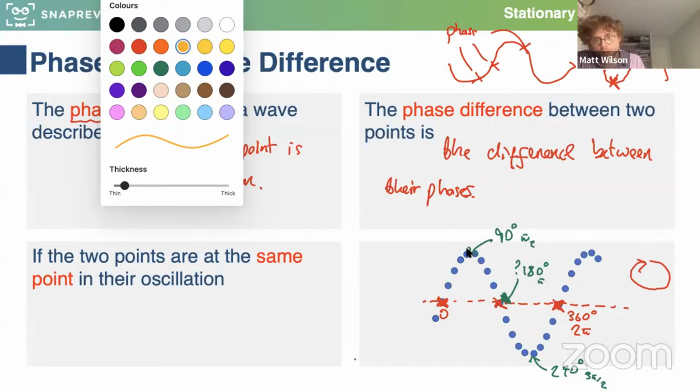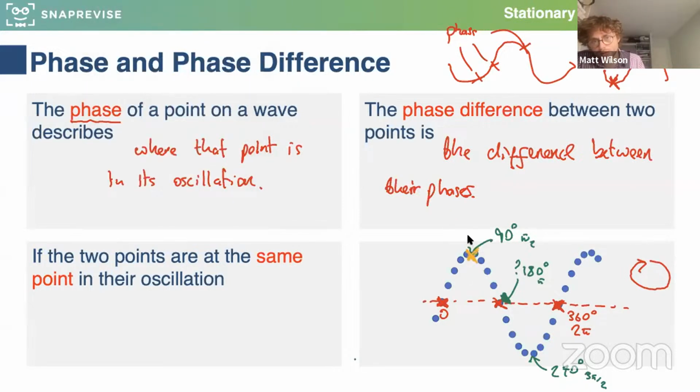So for instance, this point here, point 1, and this point here, let's call it point 2, are in phase because they're both at the same point in their cycle, plus or minus 360 degrees. It's just one whole cycle onwards. On the other hand, this point here is in what we would call antiphase with point 1, because it is as far down as this first wave is upwards. In other words, they're at totally opposite points in their cycle. And if they were in the same place, they would cancel each other out. And that's something we'll come back to more in a second.